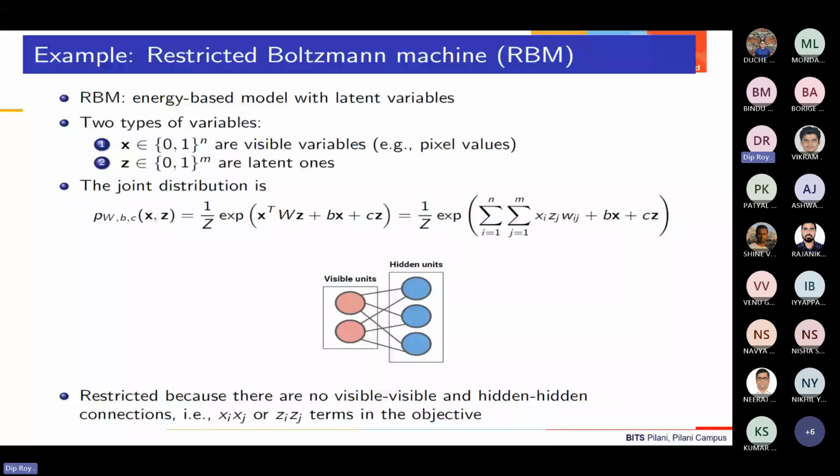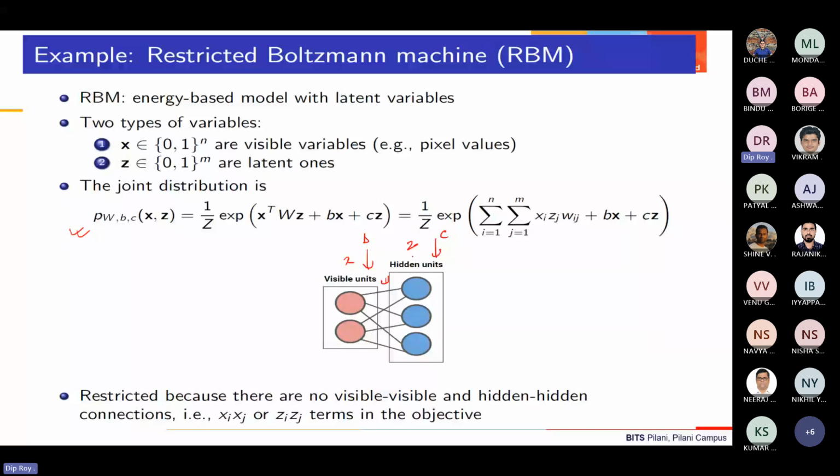And your Z are the hidden units. The joint distribution is again the same thing: 1 by Z times exponent of x transpose W z, plus a bias b, and a bias c.